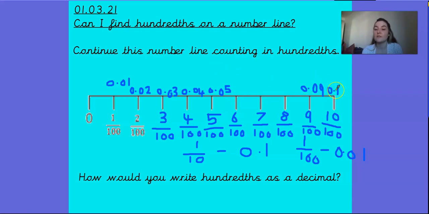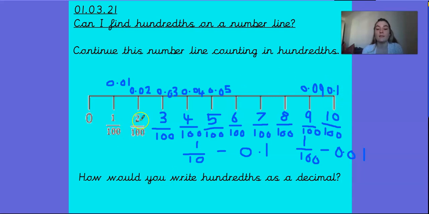And then when I've got to 10/100ths, I know that in a tenth, there are 10/100ths. So when I've got 10 that make my square, that make my tenth, I'm going to write that as 0.1 because I have now got a tenth. So 10/100ths are equal to a tenth, so I just write it as 0.1.